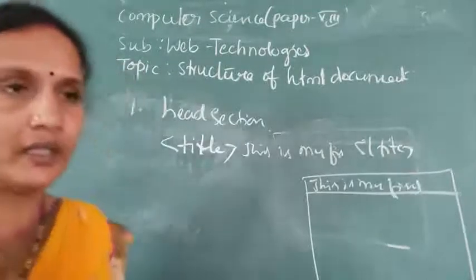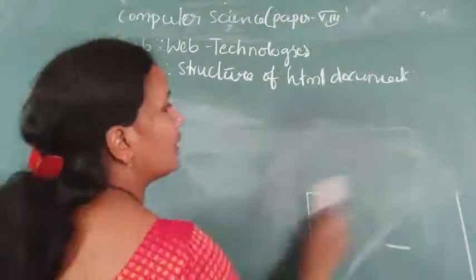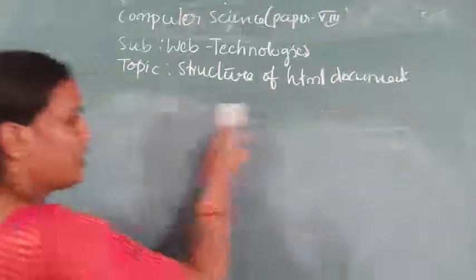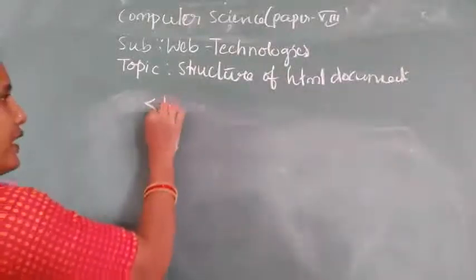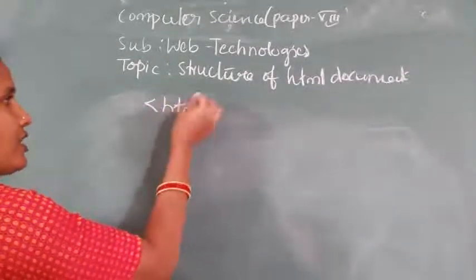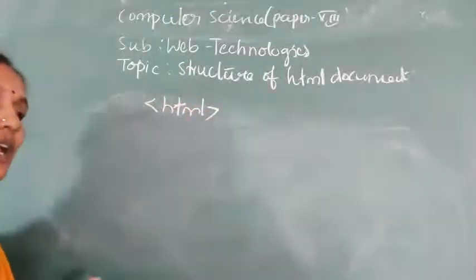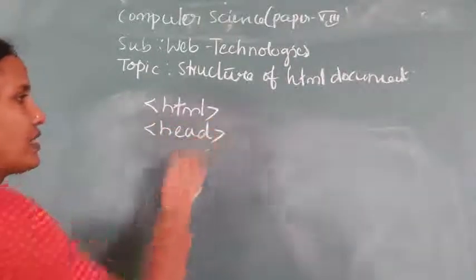Okay, so here I will show you the syntax. Means when you are designing the HTML page, how to write this head section and how to include this title. See, as I already said, every HTML document should start with the HTML opening tag. After the HTML opening tag, here I am including the head section.